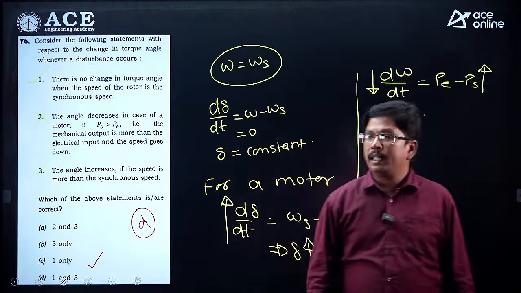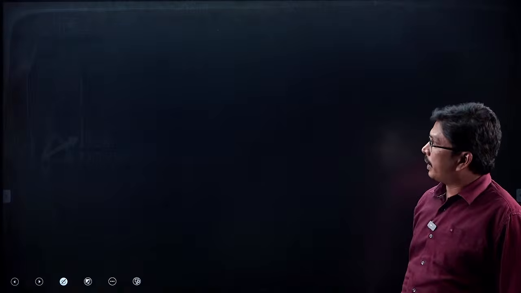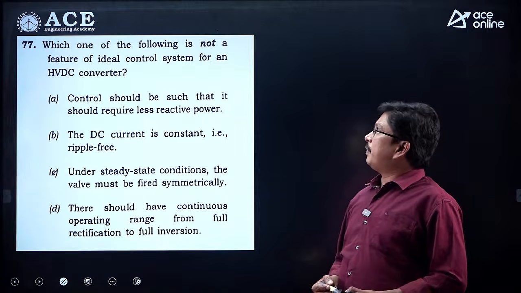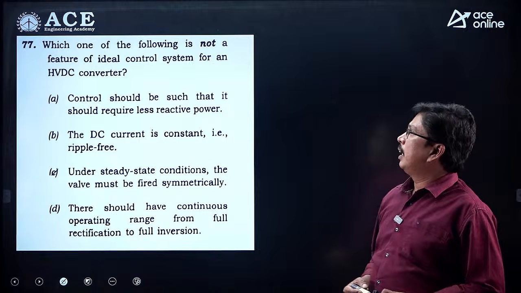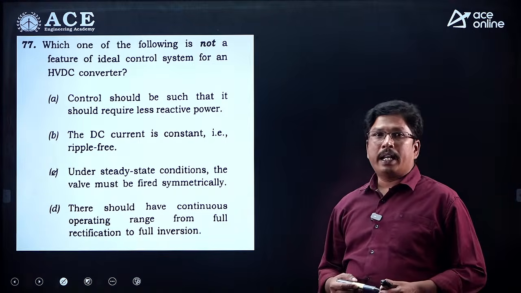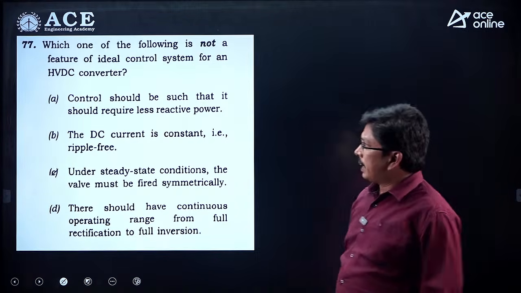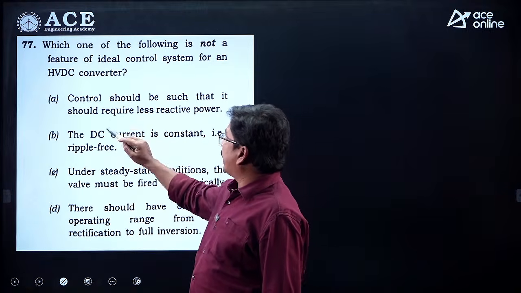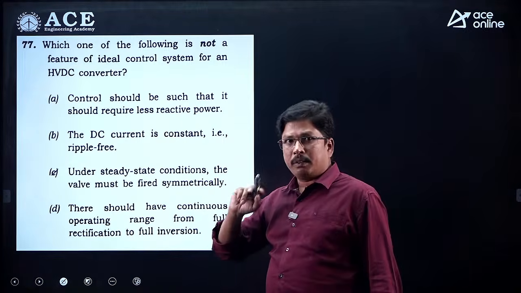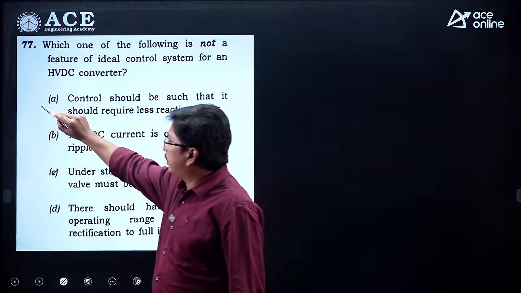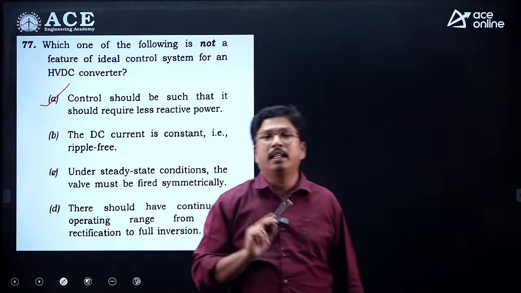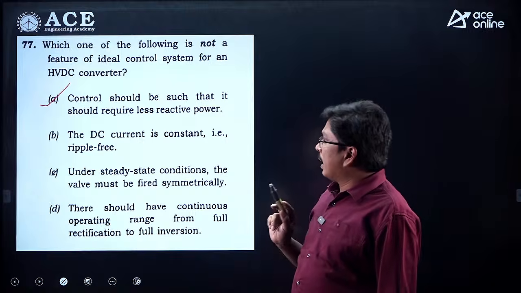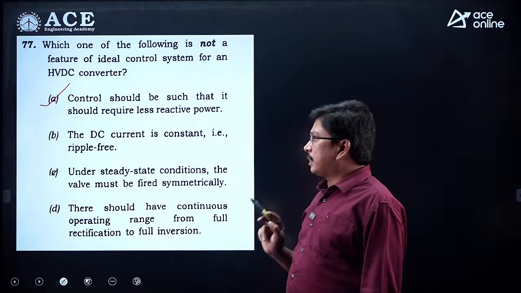And the next question you can see here: which of the following is not a feature of an ideal control system for an HVDC converter? In the case of an HVDC system, control should be such that it requires less reactive power. Yes, it always needs less reactive power, students. And the DC current is constant, ripple free.